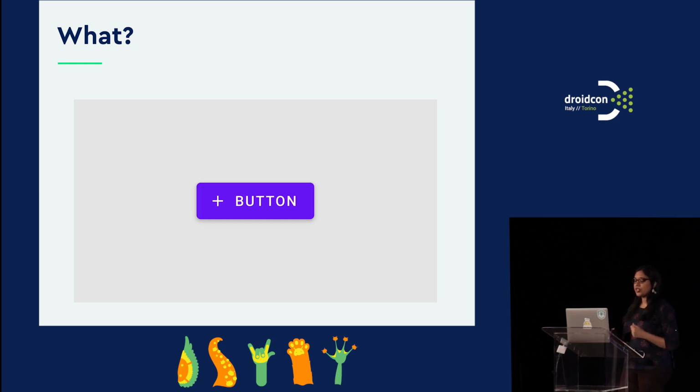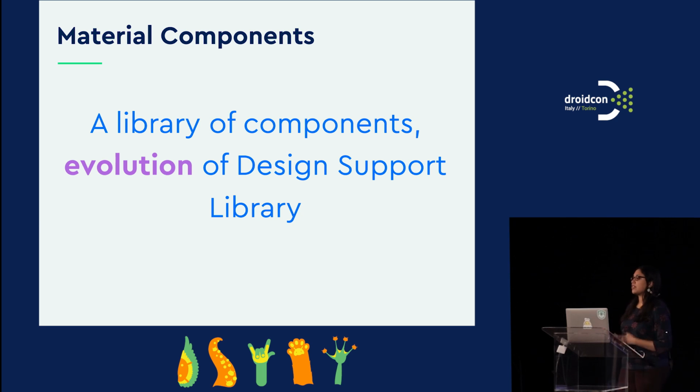And in order to use material theming, you want to be using the Material Components library, which is an evolution of the design support library. So all future updates now go to the Material Components library. They don't go to the design support library anymore. So you want to migrate to Material Components as soon as possible.